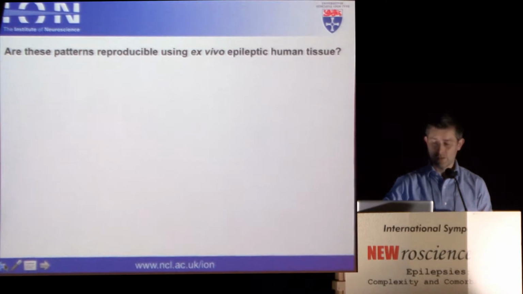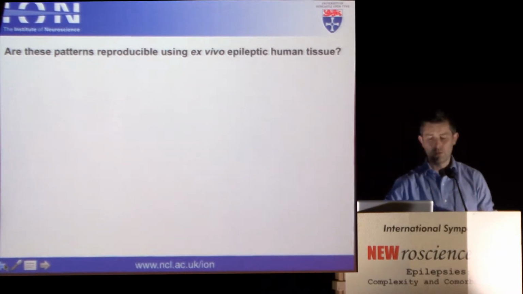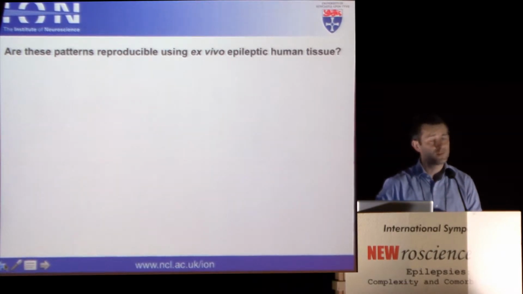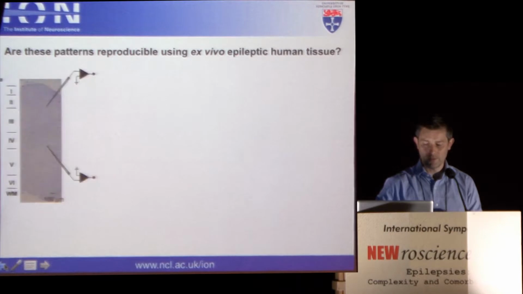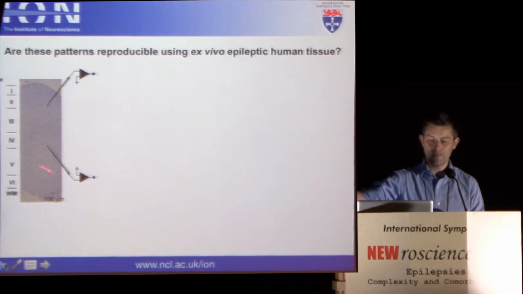So the first question is really, using this approach, are the patterns that I have introduced to you reproducible using ex vivo epileptic human tissue? So here is an example of some tissue. This is temporal neocortical tissue that we've obtained from patients who undergo the removal of the hippocampus for the treatment of their drug-resistant epilepsy.